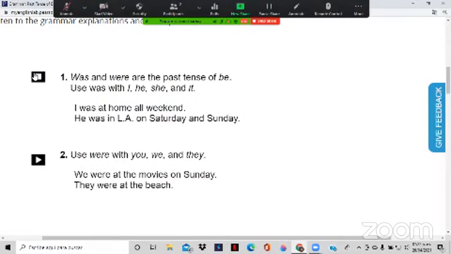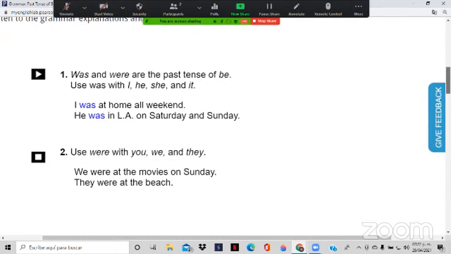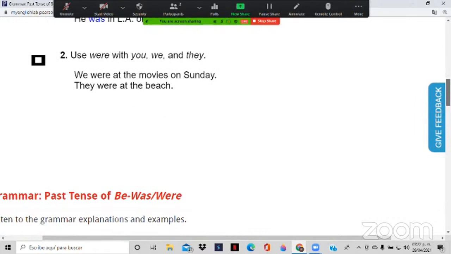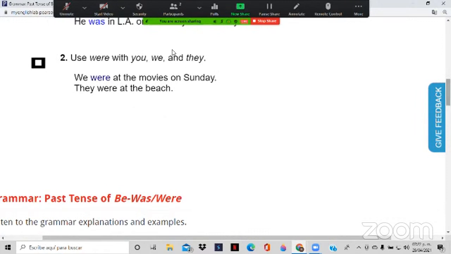Use was with I, he, she, and it. I was at home all weekend. He was in LA on Saturday and Sunday. Use were with you, we, and they. We were at the movies on Sunday. They were at the beach.